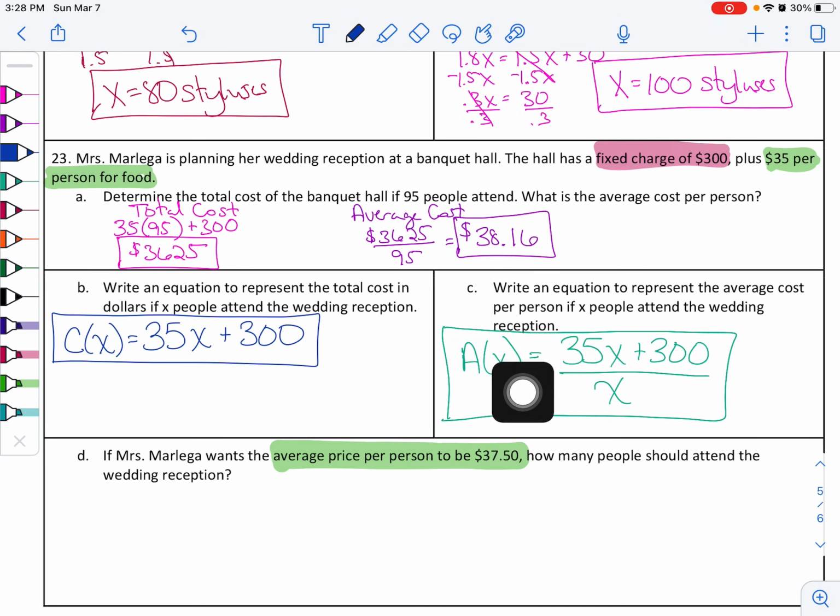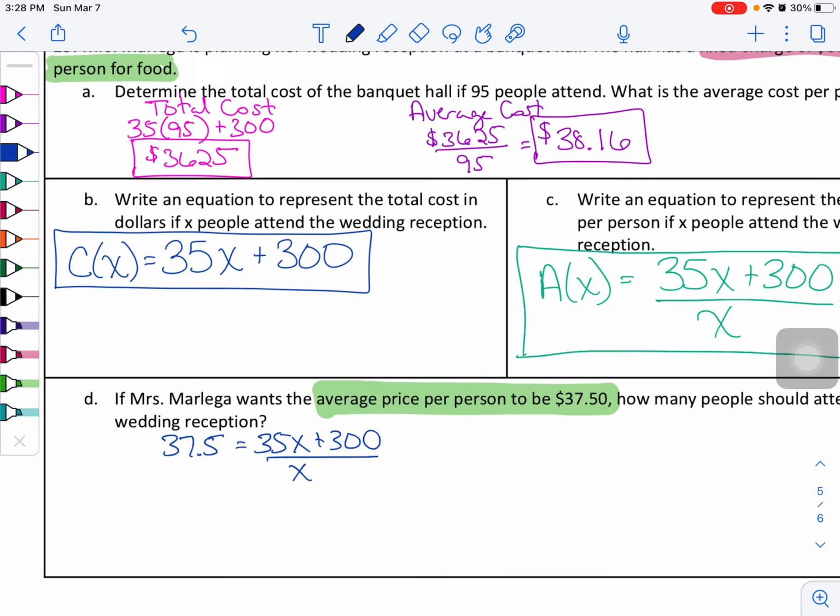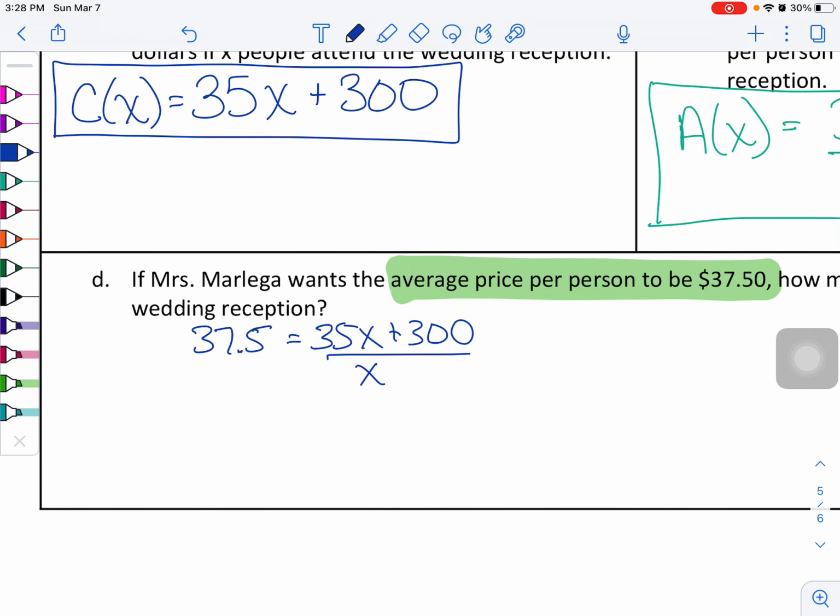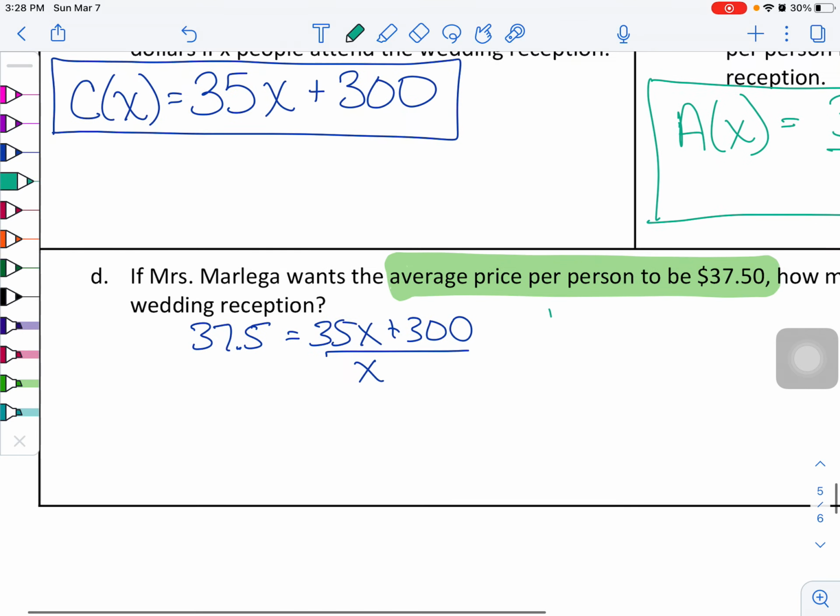Part D, if Miss Marlega wants the average price per person to be $37.50. So average cost was the equation from part C. So I'm going to set $37.50 equal to 35x plus 300 over x.